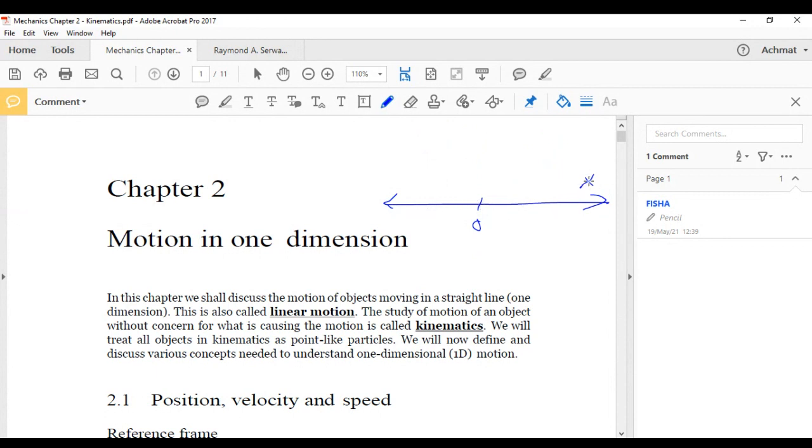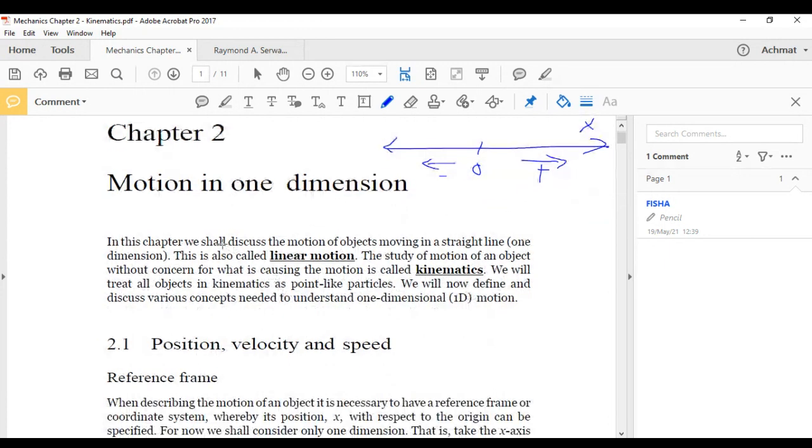So your value of x, on a number line or a line of real values, can be positive in that direction and negative in that direction with respect to your reference position. But the motion is only along one line.